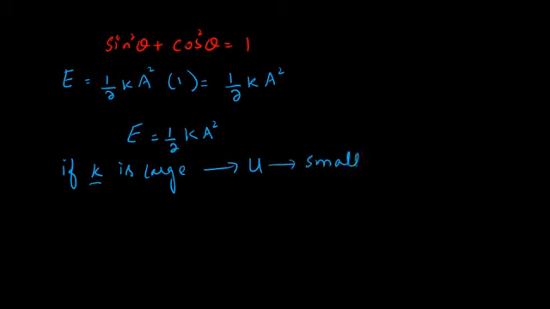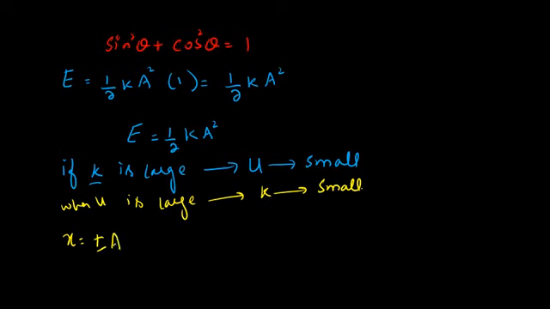Alternatively, when potential energy is large, then kinetic energy will be small, because the total mechanical energy varies between the kinetic energy and the potential energy. So whenever x is at the maximum position, or maximum amplitude, plus or minus A, then v will be equal to 0.